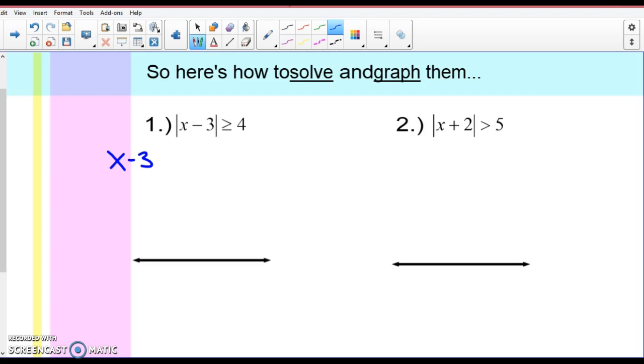Is it going to be greater than or less than? Less than or equal to negative 4. Or, sorry, our top half of our graph is going to be x minus 3 is greater than or equal to positive 4. This is going out.